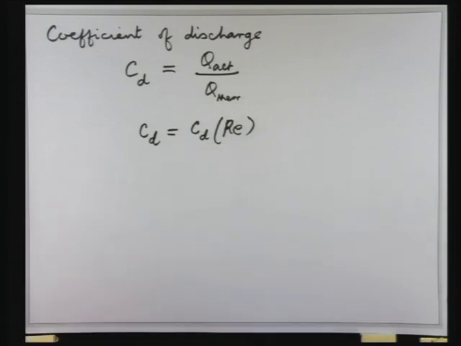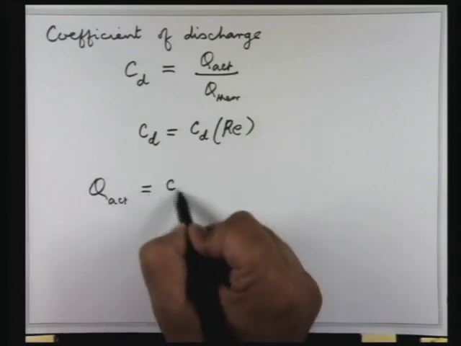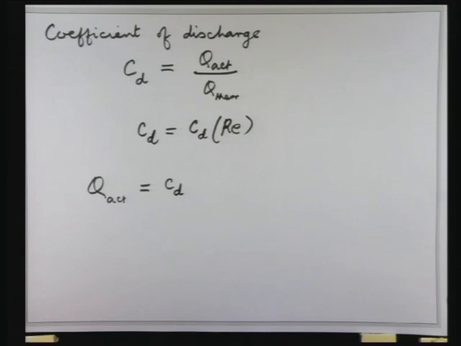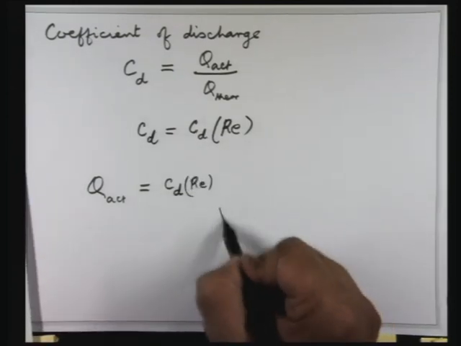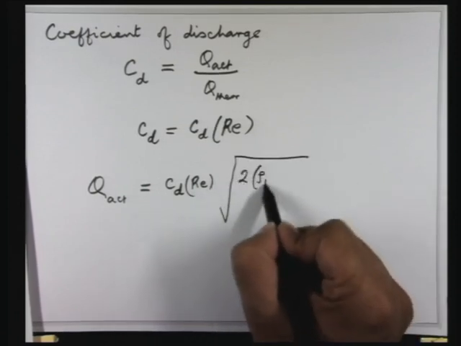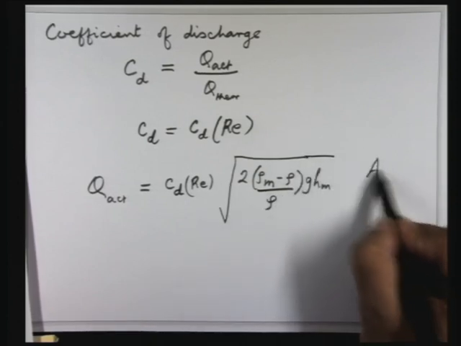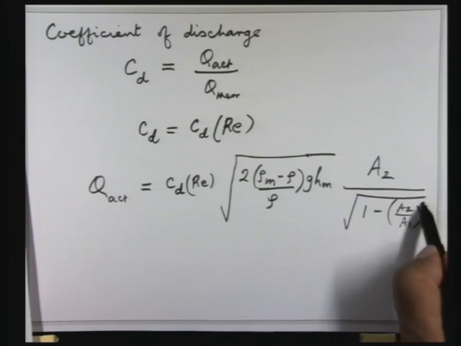So this variation of C_D with Re we can find by doing an experiment, and finally then the Q actual will be C_D, which is a function of Re, into twice (rho_m minus rho) by rho g h_m, A2 by the square root of 1 minus (A2 by A1) whole squared.